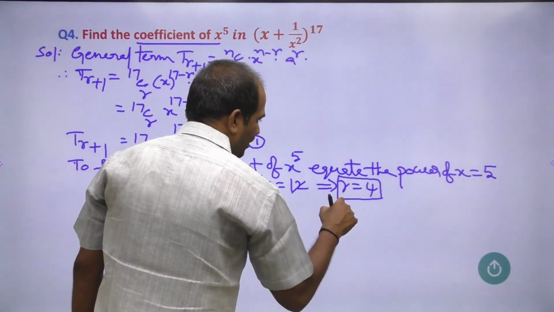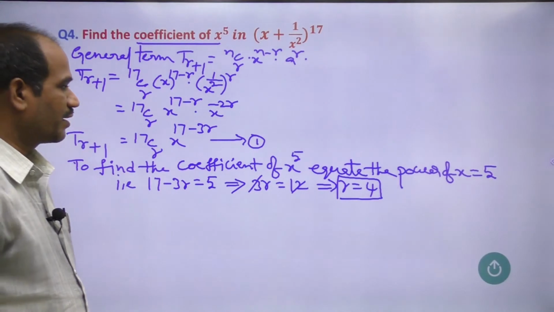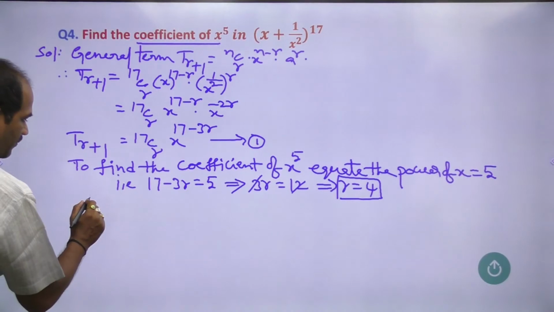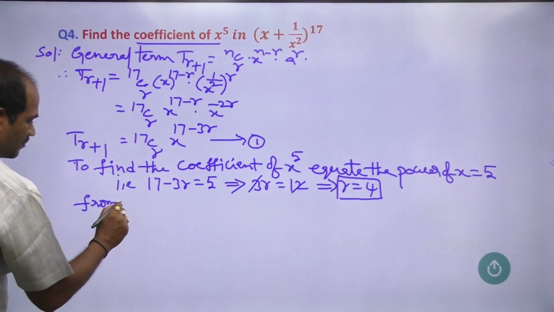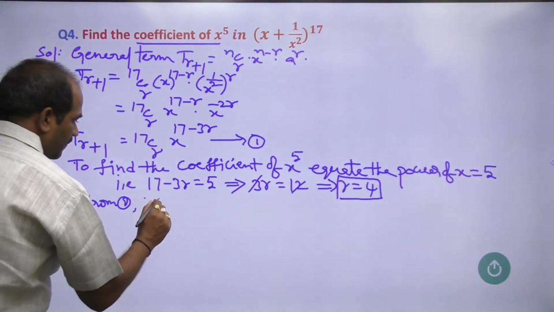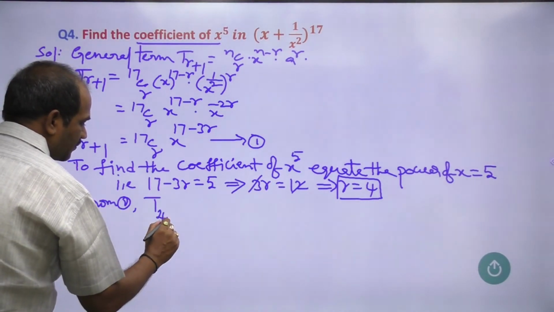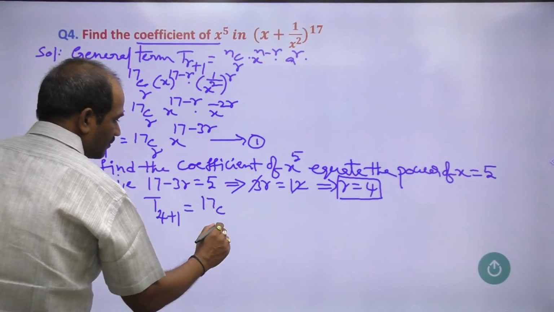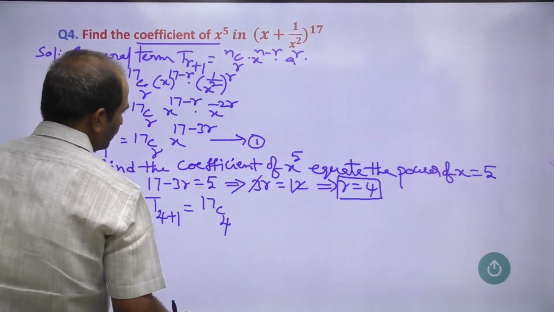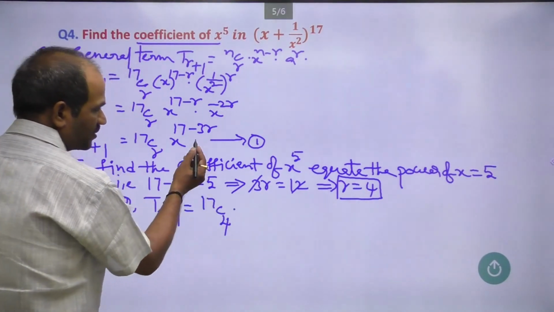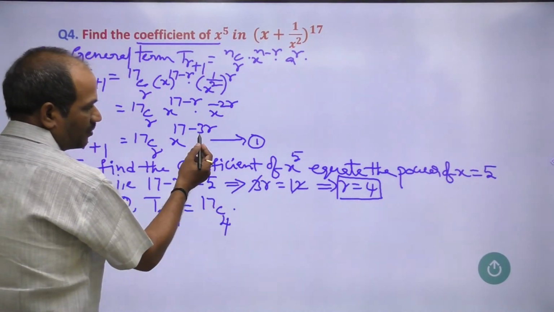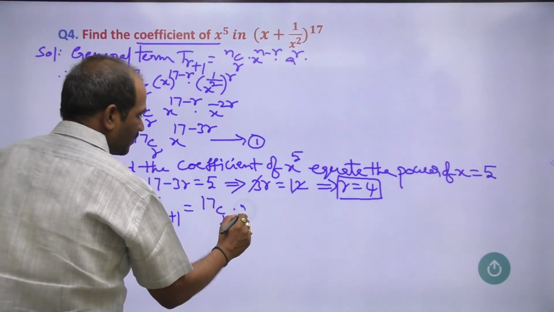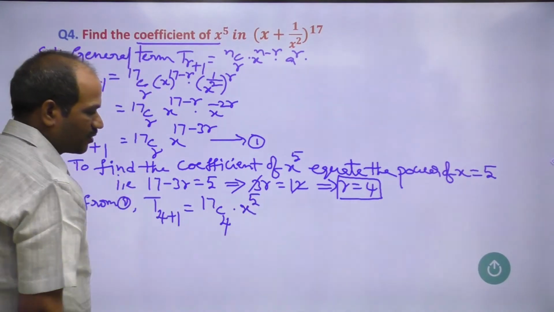Replace r value 4 in equation number 1: T(4+1) is equal to 17C4 into x power 17 minus 12, that is x power 5.